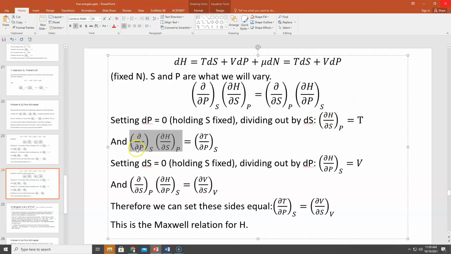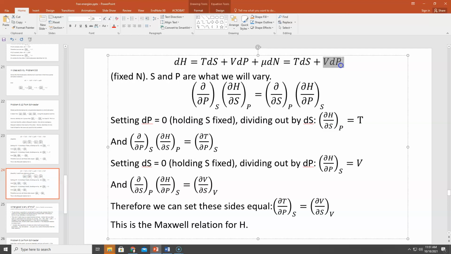Then, after that, you plug this into here, right? So then you have partial with respect to P of partial H with respect to S, which is T. So that gives you partial of T with respect to P holding S constant. So that's our left-hand side of this Maxwell relationship. And now, let's look at the right-hand side. On this one, we're holding S fixed, okay? So that means that this term goes to 0, and we're just left with VdP, okay?